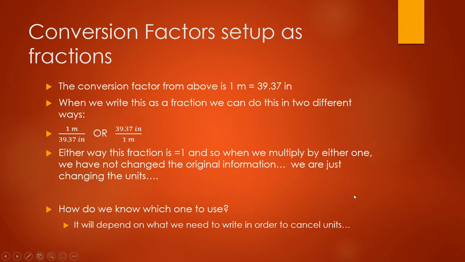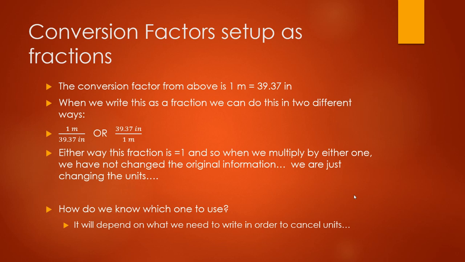Conversion factors: setting them up as fractions. That conversion factor of 1 meter equals 39.37 inches, when we write it as a fraction, we can do it in two different ways. We can either write it as 1 meter over 39.37 inches, or we can write it as 39.37 inches over 1 meter. Either way, this fraction is still equivalent to 1, and we're multiplying by either one of these.